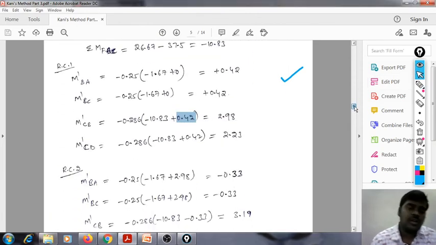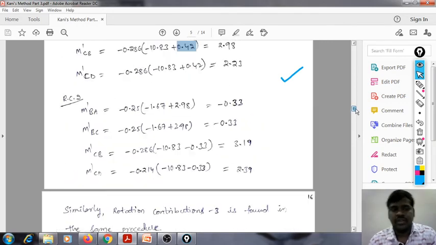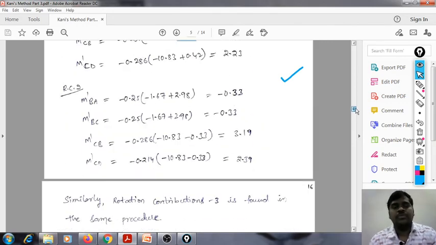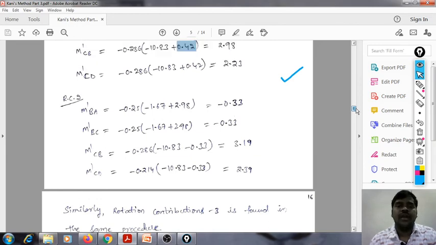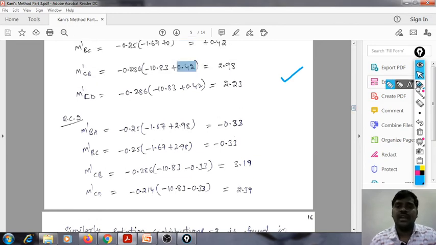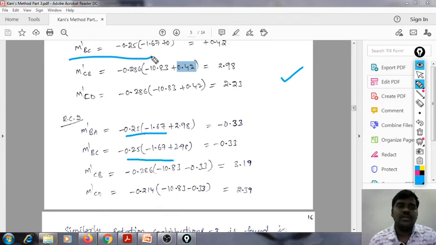So for demo or for knowing that thing, we can write one time only in the examination. One rotation contribution is enough, and also if possible we can make two rotation contributions also. So here we have to consider, look at this, the second iteration. In the second iteration 0.25 and 1.67, so if you look at this BC and this BC, 0.25 will be same, minus 1.67 will be same, but here as this is the first time we have 0 far end contribution, and here we have far end contribution as 2.98.